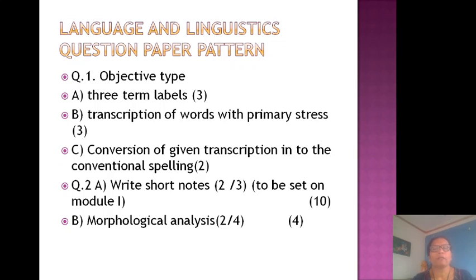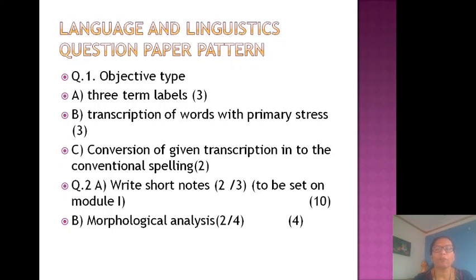3 words are given to you, and you are supposed to write all the words with primary stress. It carries 3 marks. Our C sub question in the first objective type question is conversion of given transcription to conventional spellings.